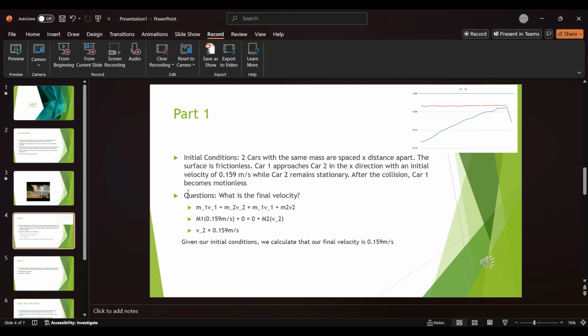As a quick clarification, the initial velocity is also the constant velocity, so there's no force acting upon it, assuming this is frictionless, in a test chamber of sorts. With a few quick calculations, we saw that the final velocity was equal to the initial velocity. So the final velocity of the second car was equal to the initial velocity of the first car after the collision.